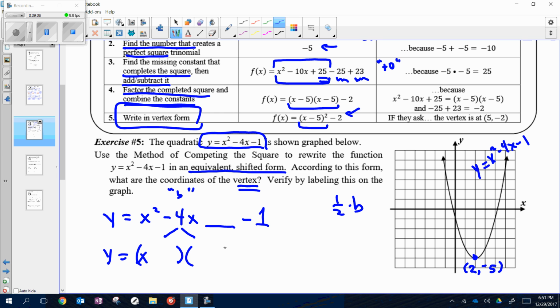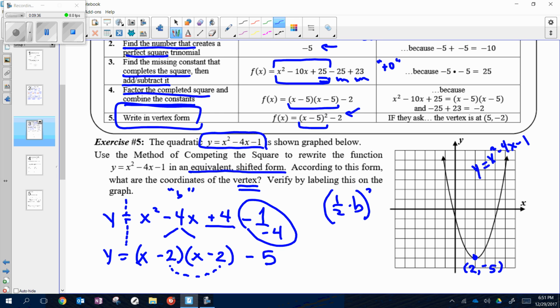If I started to think about what this would be as factors, a -2 and a -2. Which means if I squared that, I would get a +4. If I add 4 into this side of the equation, I need to take 4 away. So these are going to be combined into a -5. So I did take half of b and I squared it.